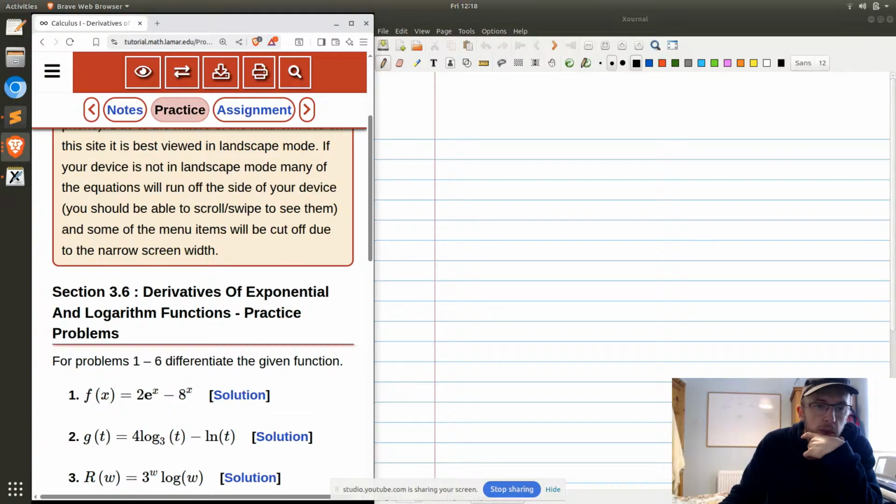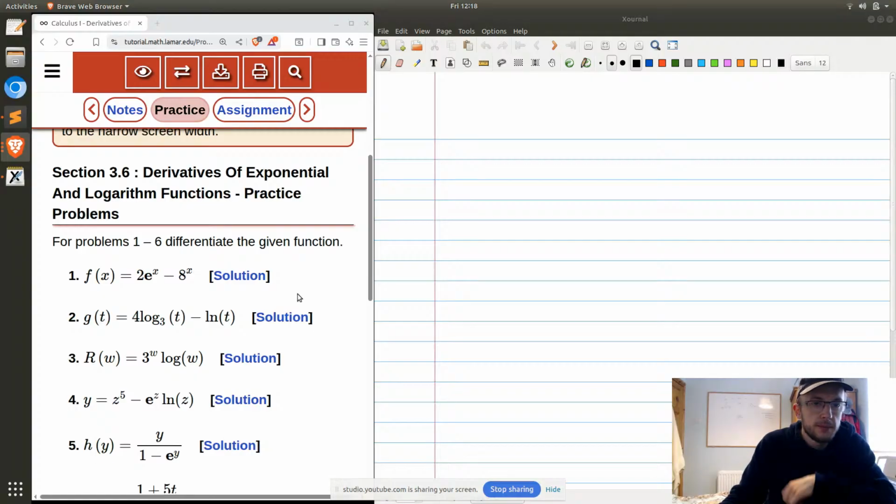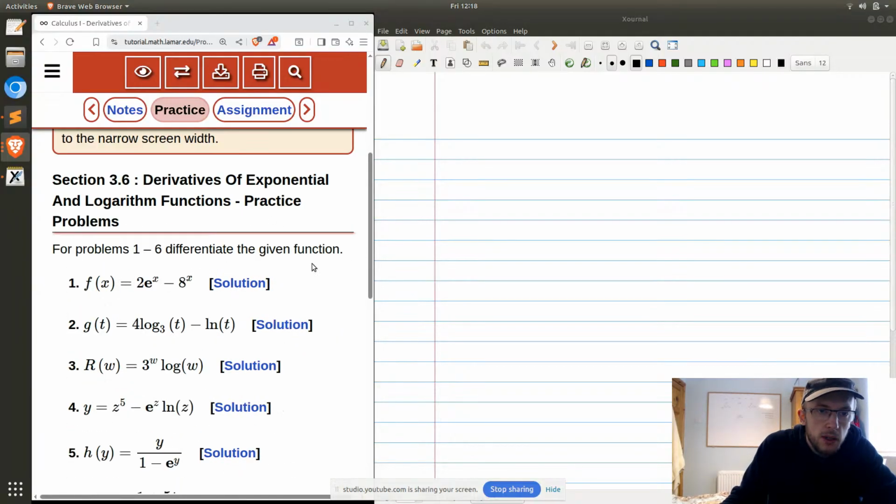Next up, derivatives of exponential and logarithm functions. All right, let's see. Okay, great.